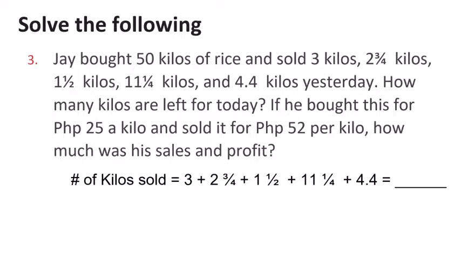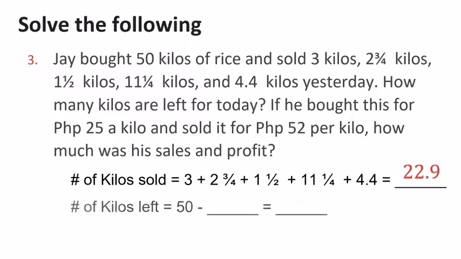The total amount of kilos sold is 22.9. Subtracting it from the available kilos of rice, the number of kilos left is 50 minus 22.9, which is 27.1. If he bought this for 25 pesos a kilo and sold it for 52 per kilo, how much was his sales? And then find also the profit.